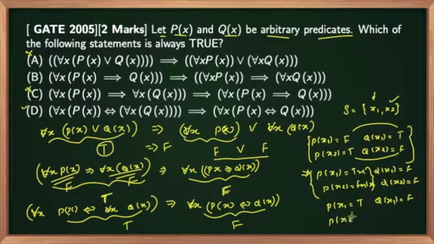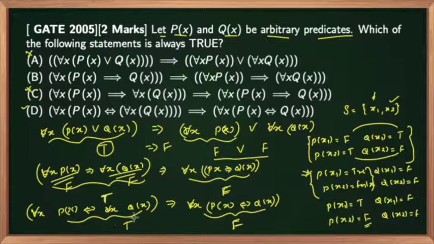Then p of x2, I can take false, and q of x2, I can take it as false. Okay. See, basically, I want to make this side true. That's why I'm taking this as false. Okay. So if you see p of x implies q of x is false because I have true for x1 and q of x1 is false. So this side is false.